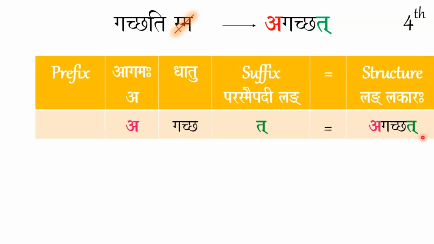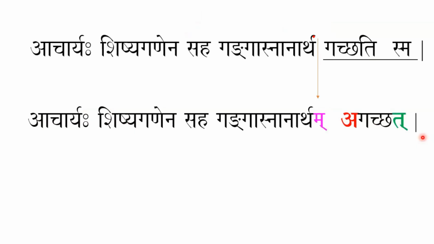So our sentence would be Acharyah Shishyaganena Saha Ganga Snanartham agachat. Here, after Anuswaram, the vowel A has come. That's why Anuswaram is changed into Halanta Ma.